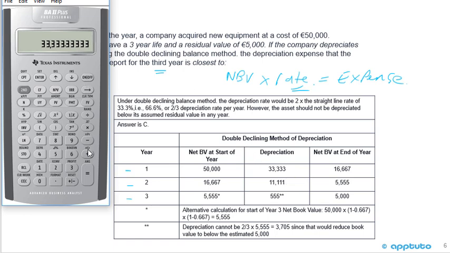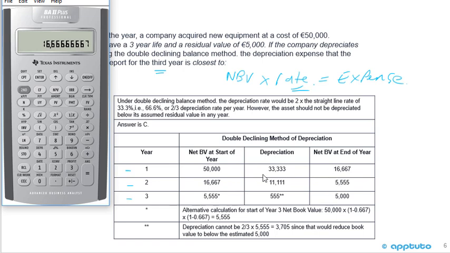We can see we're rounding it a little bit. So if I make that a negative and I add my plus my 50,000 at the beginning of the year, you can see that we have a net book value of 16,666.67 at the end of the year, okay?